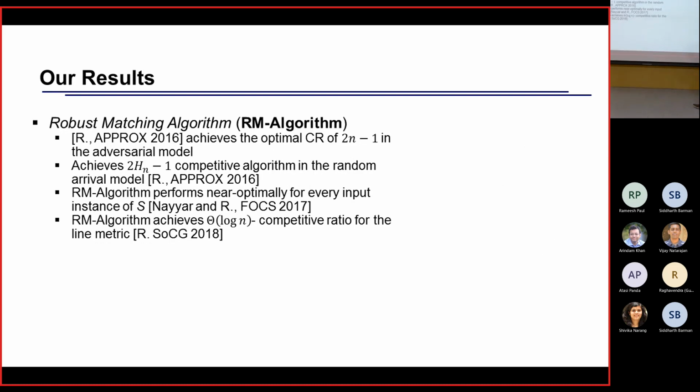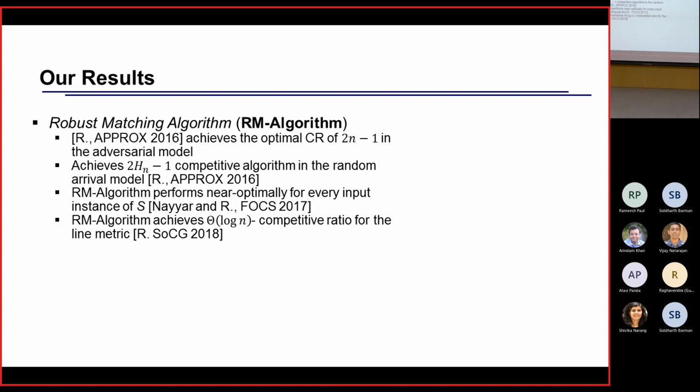Okay, so what's my goal today? I'm going to introduce a simple online matching algorithm called the robust matching algorithm. And I'm going to show that it actually gives you the optimal competitive ratio of 2n minus 1, which is not surprising. It achieves, in the random arrival model, a competitive ratio of log n. And I'm going to show that it performs near optimally for every input instance.